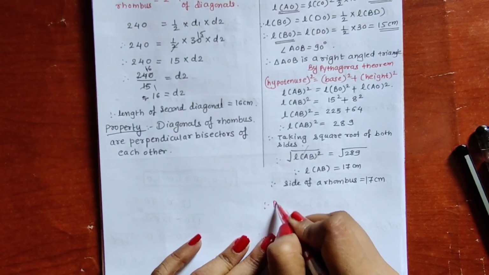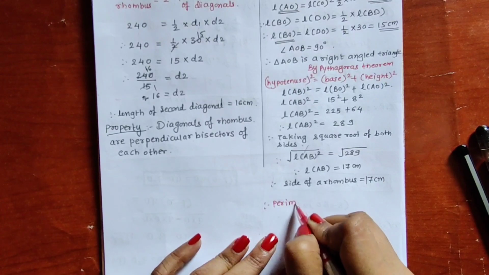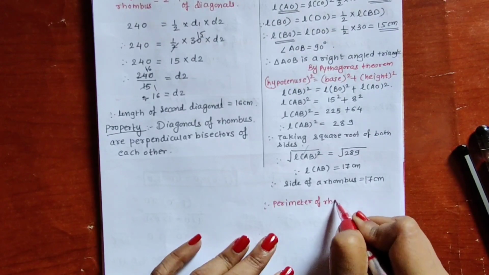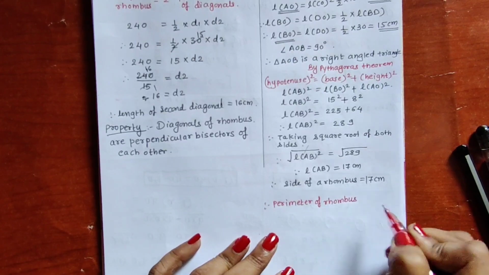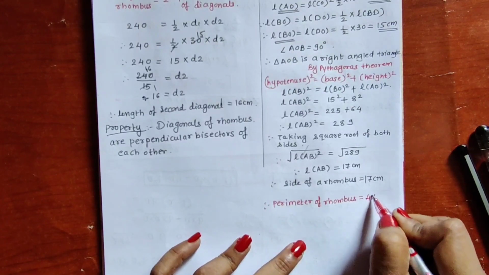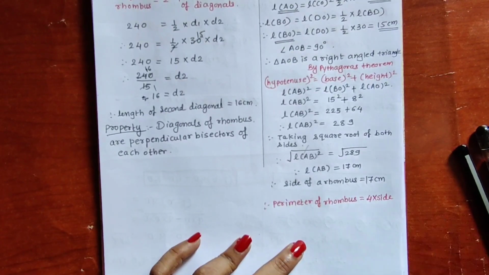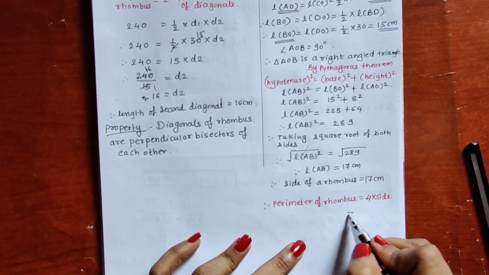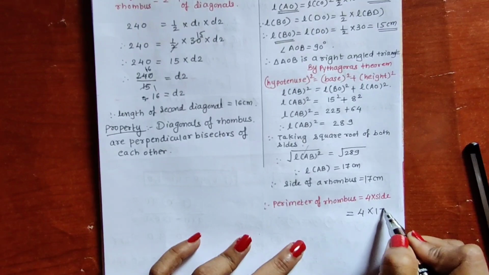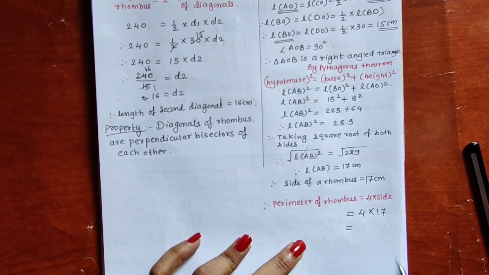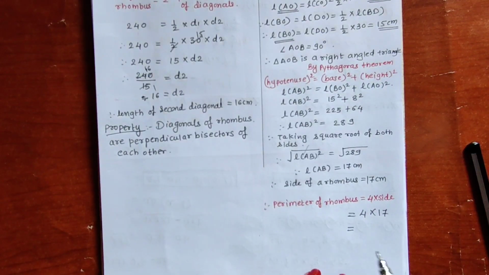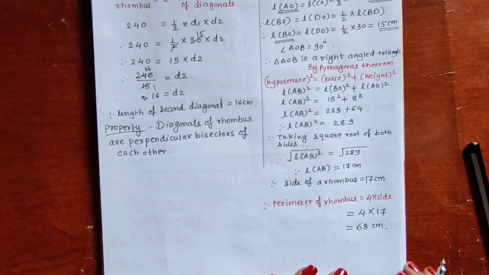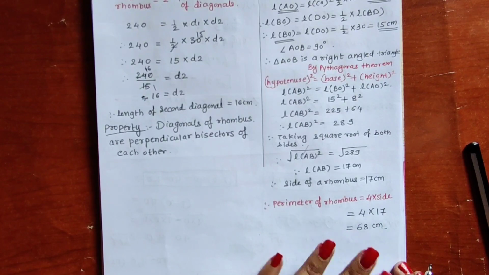Therefore perimeter of rhombus is equal to 4 multiplied by side. Just now we have got the side value. 4 multiplied by side 17, and 17 fours are 68 centimeter. In this way we can get the perimeter of rhombus.